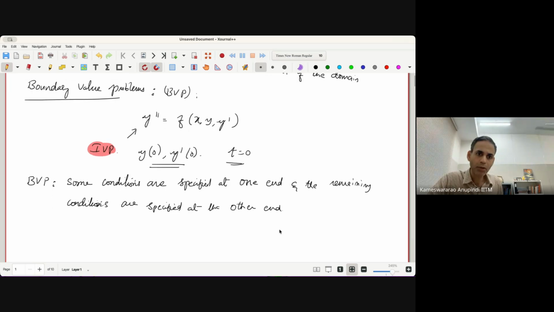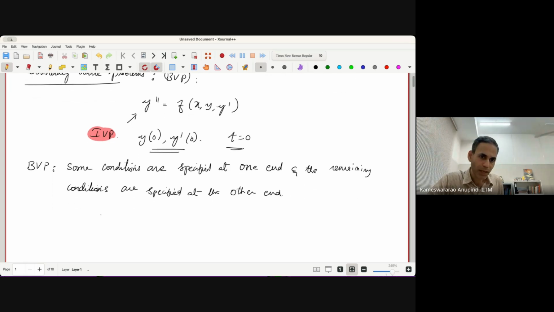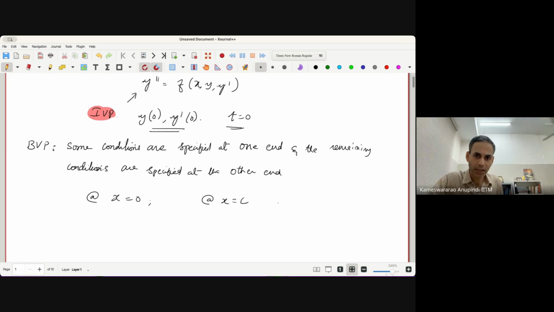If this is, let us say, x, then if we specify some conditions at x equal to 0, and the remaining conditions at x equals L, then such a problem is known as a boundary value problem. That means we are specifying these values at both the boundaries, some of them at x equal to 0, some of them at x equal to L.